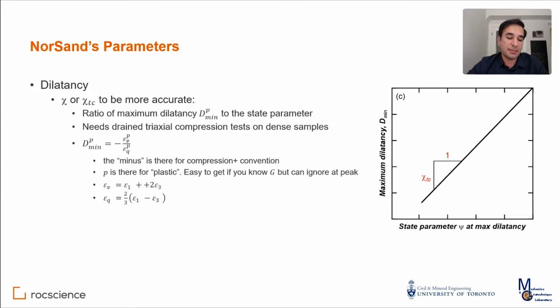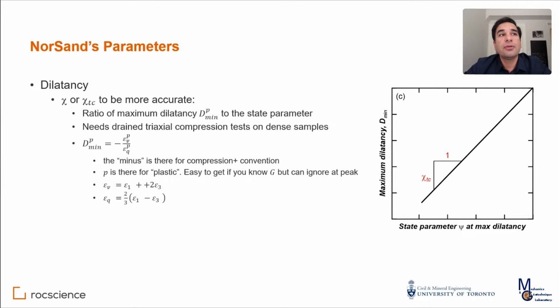Your dilatancy parameter chi, there's a bit of equations here. I'm sure most of you are already familiar with this. This is just how you process your drained triaxial data on dense specimens. So you need a couple of these at least to calibrate chi.